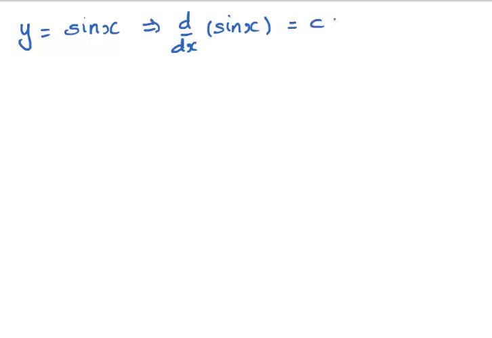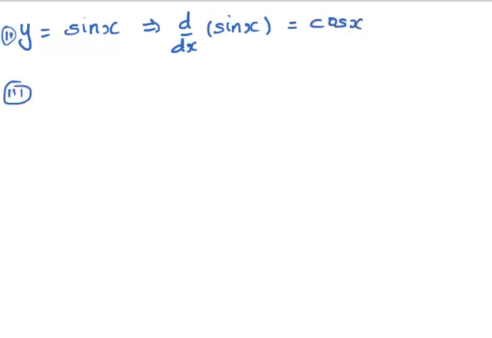Next formula to remember is that of trigonometric functions. For example, if y equal to sin x, then you have to remember that d by dx of sin x is nothing but cos of x.